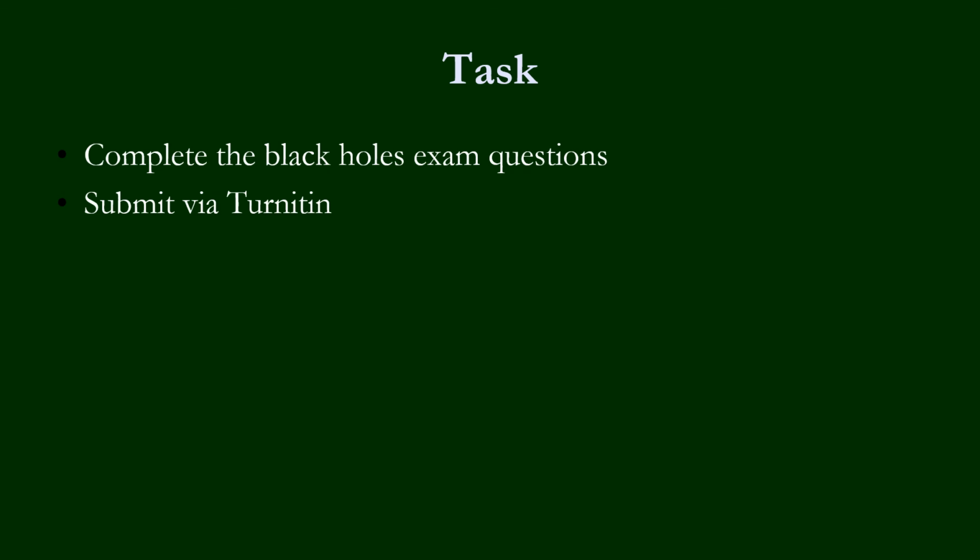Okay, so your task is to complete the black holes exam questions and then submit that via Turnitin. There are a few past exam questions for this topic, and you'll see they are much in the same way as this example I went through. You need to find the density, you might need to find the Schwarzschild radius.